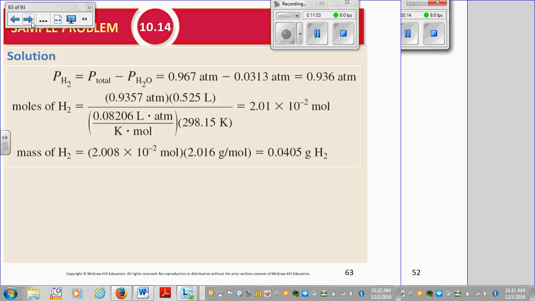So 0.936 atmospheres times 0.525 liters, which was the volume, divided by R and T. We get 2.01 times 10 to the minus 2 moles. And moles converted to grams, we end up with 0.0405 grams of hydrogen.